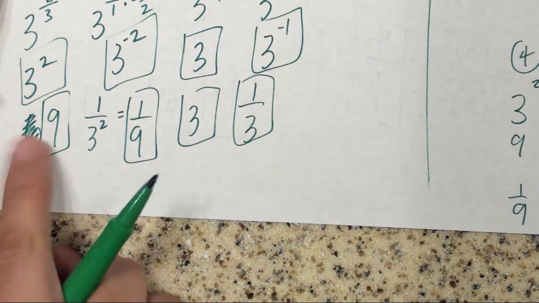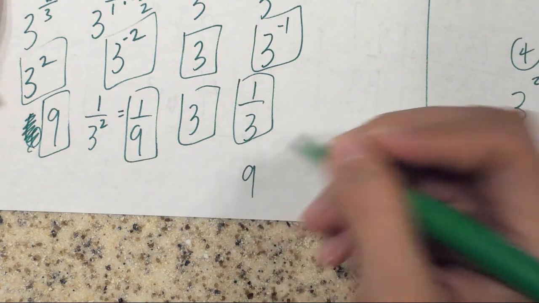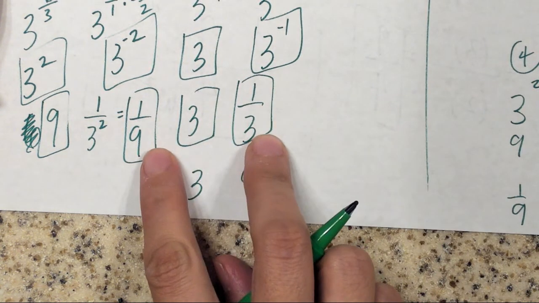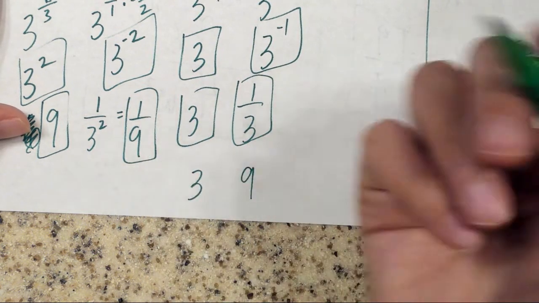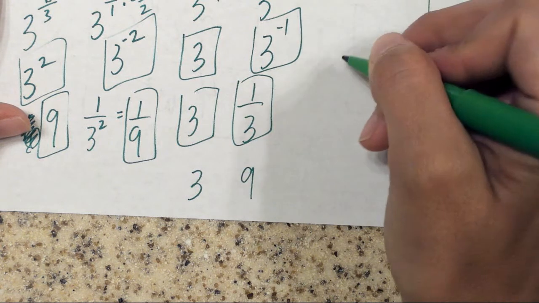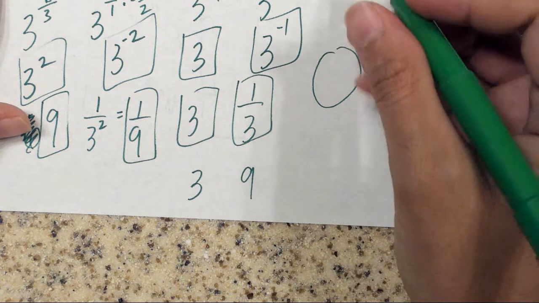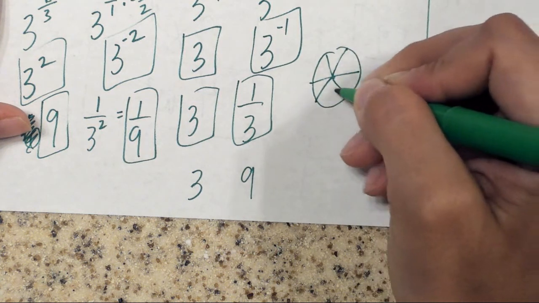So for sure I know that 9 is going to be my biggest number, right? And then the next one, 3. But I have 1/3 and 1/9. So remember, you can look on your calculator, plug in 1 divided by 9, but I always tell my kids, if you have a pizza, and you divide it into 9 slices, right? 2, 3, 4, 5, 6, 7, 8, 9.